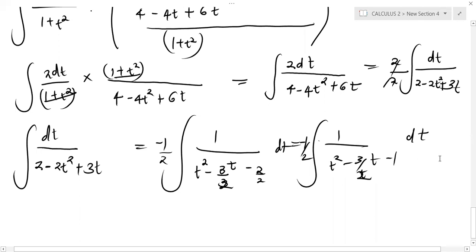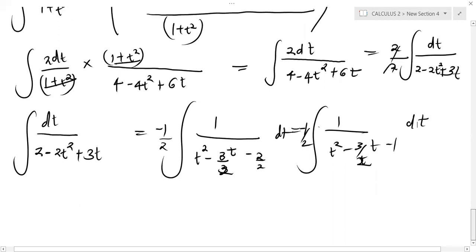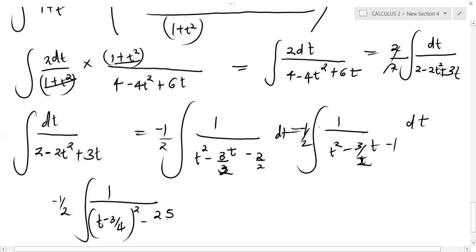So I can complete the square for whatever we have down there. I will have minus a half into 1 over, completing the square in the denominator, t minus 3 over 4 squared minus 25 over 16.